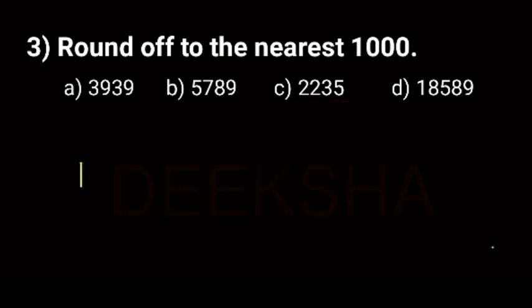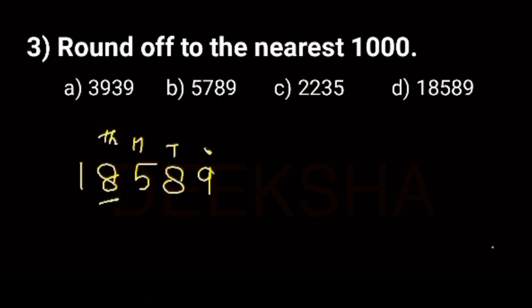Next is 18,589. Ones, tens, hundreds, thousands. You want to round off at this place. So check its right digit. This 5. This is equal to 5. And as I said, if the right digit is equal to or greater than 5, we add 1 to the place on which we are rounding off the number.